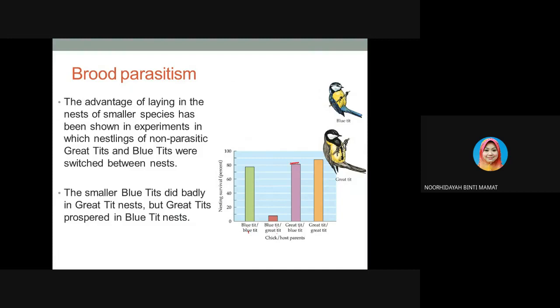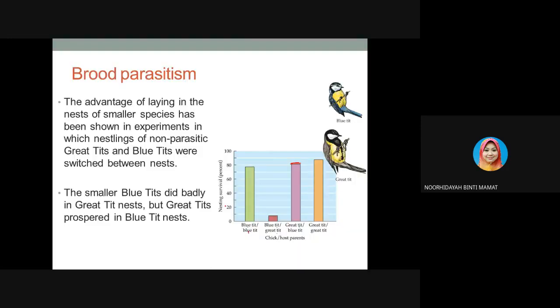They have the higher percentage of nestling survival. So it actually depends on the size of the other birds. This is what we call brood parasitism, when birds lay their eggs in the nest of other birds.